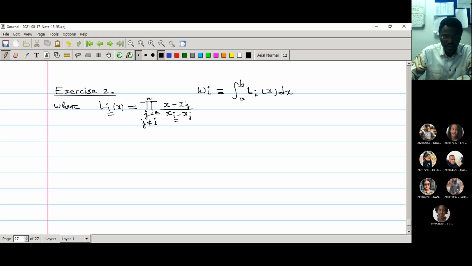And this gives you a polynomial of degree n, right? Because if you multiply with j running from 0 to n, you have a polynomial of degree n plus 1, but you remove one. That is, j will run from 0 to n except one value. So actually you have n factors, so it gives you a polynomial of degree n.